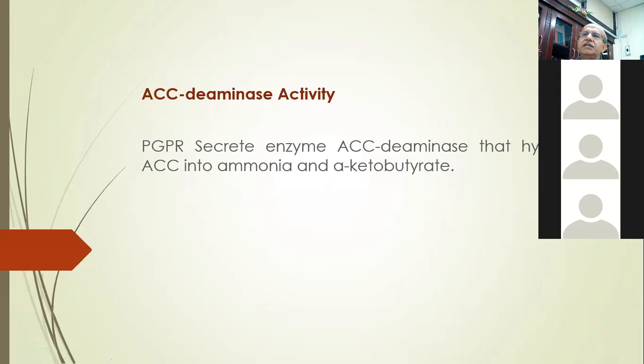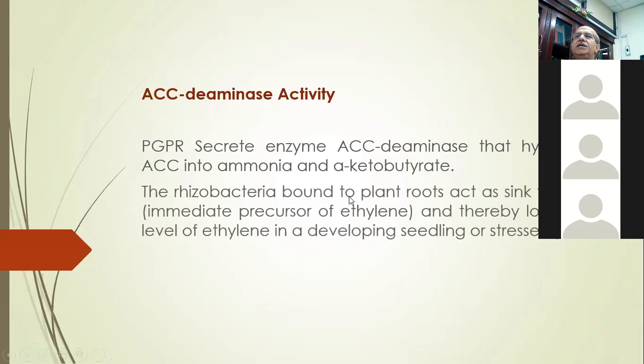PGPR secrete the enzyme ACC deaminase, which hydrolyzes ACC into ammonia and alpha ketobutyrate. I'll explain it in the next slide. The rhizobacteria bound to plant roots act as a sink for ACC, the immediate precursor of ethylene, and thereby lower the level of ethylene in a developing seedling or stressed plant.